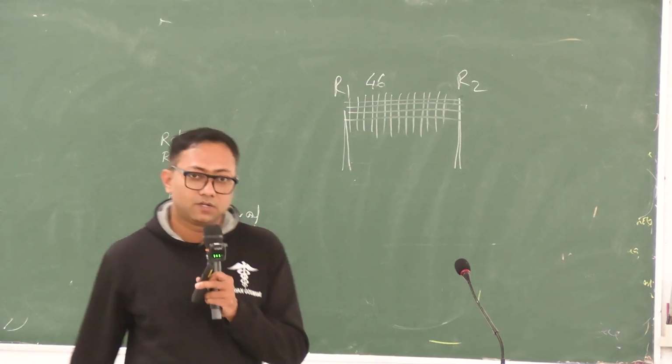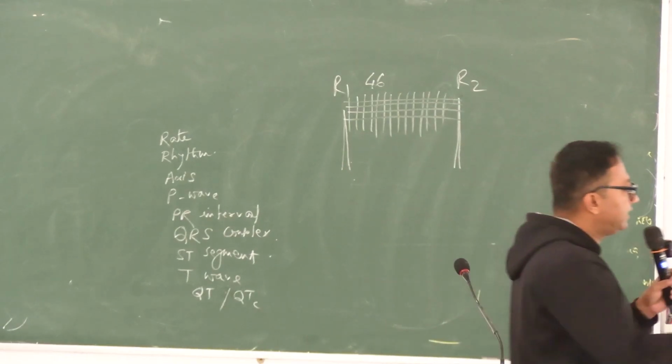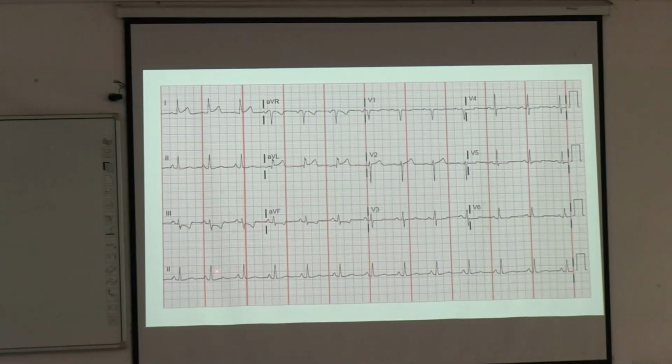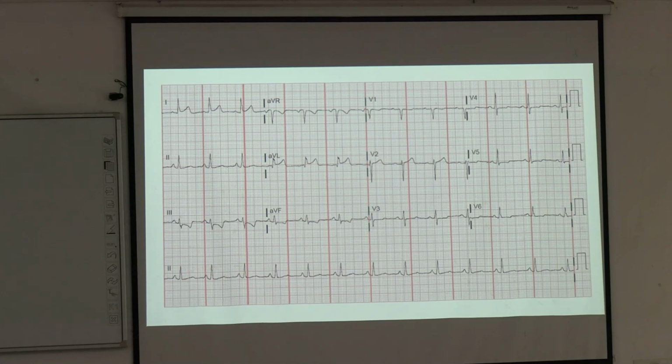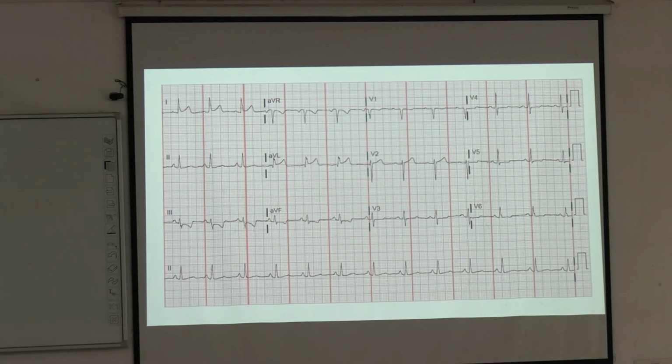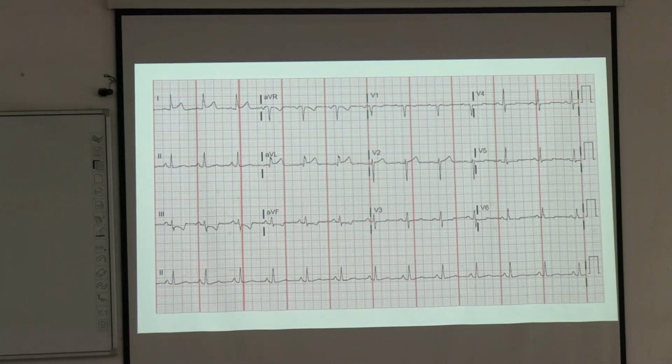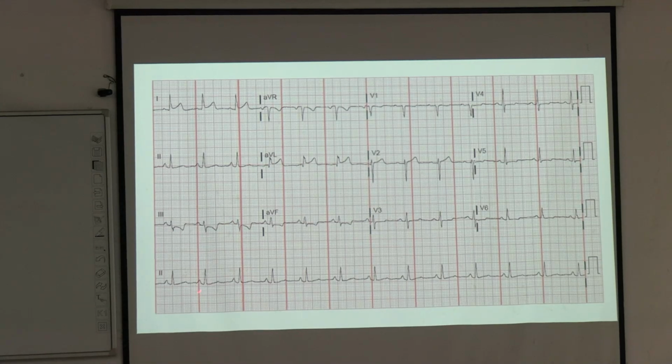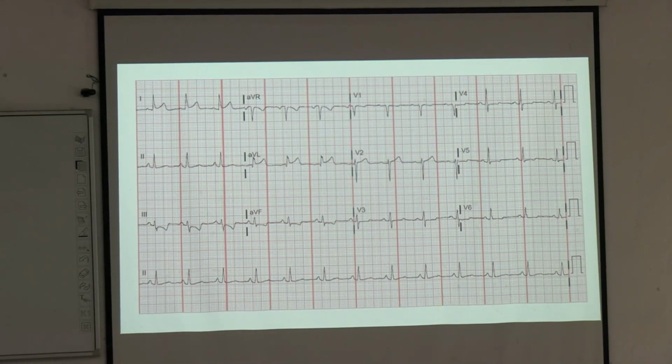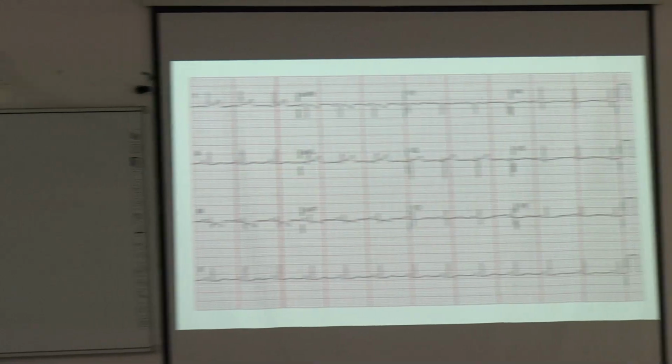Here there are three large squares, and each large square contains 5 small squares horizontally. So 15 small squares, here is 3 and here is 1. So total 19 small squares in this ECG, of this patient. So there are 19 small squares between two adjacent R waves.